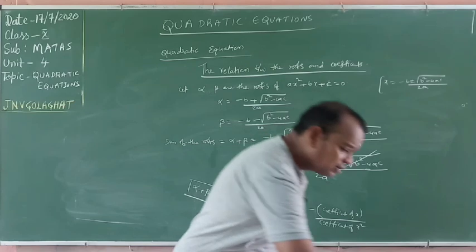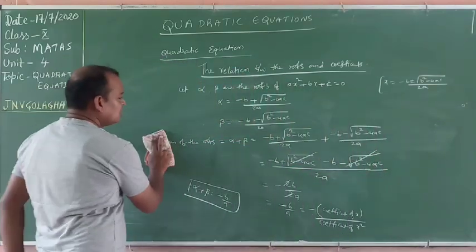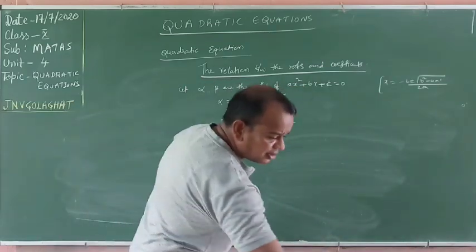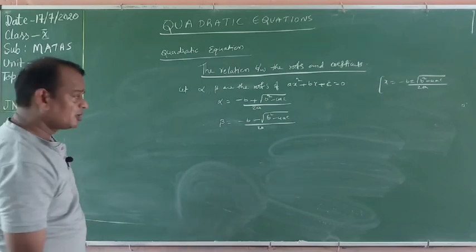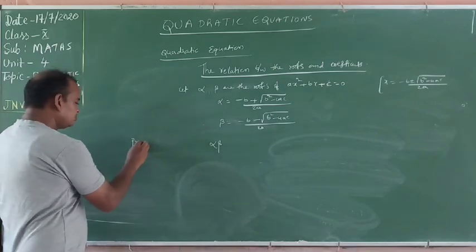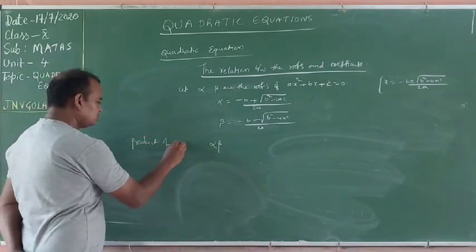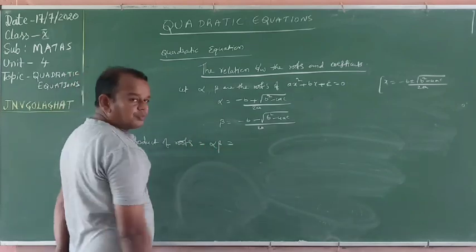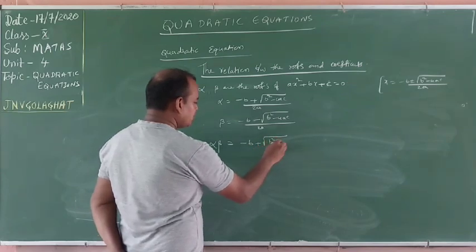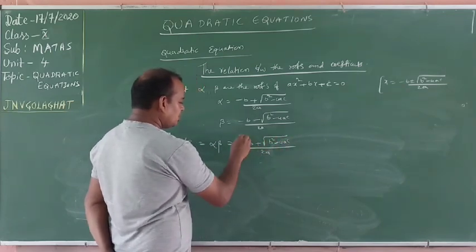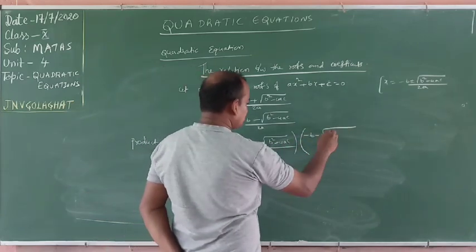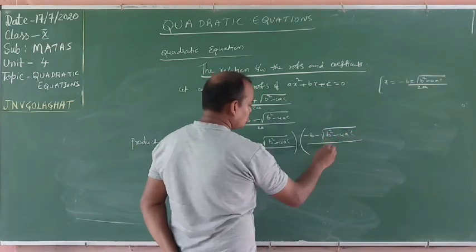Understand? Okay. Now product of the roots. Sum is over. What is the formula of the sum of the roots? Minus b by a. Now we discuss the product of the roots. Product means alpha into beta, that is equal to alpha value, minus b plus root over b square minus 4ac by 2a, into beta, minus b minus root over b square minus 4ac by 2a.